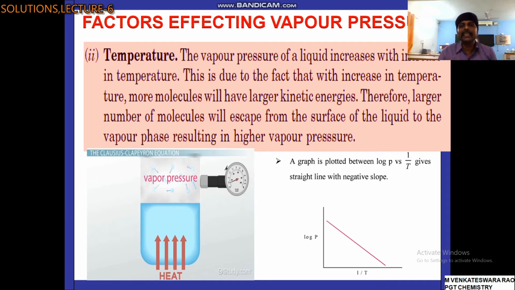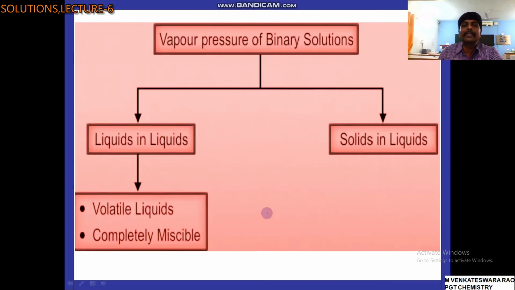This equation gives the relationship between vapor pressure and temperature. You can see here the curve between log P, that means vapor pressure, and 1 by T. It is a straight line with a negative slope. So as temperature increases, vapor pressure increases.